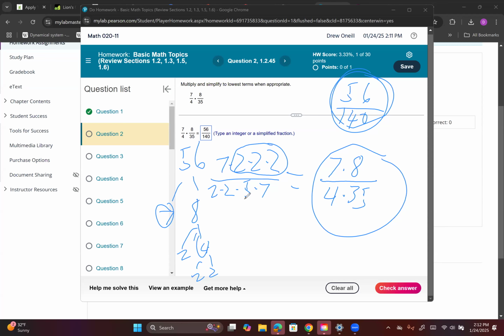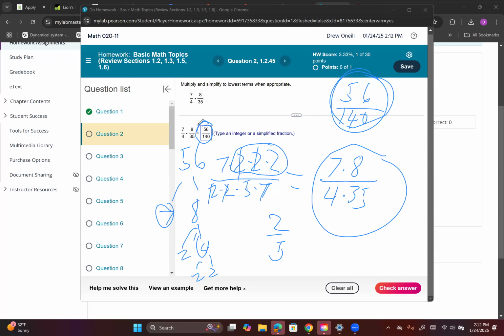You might not know 56 is 7 times 2 times 2 times 2, but if you do these enough, you'll know at least that 56 is 7 times 8. And if you know 7 times 8 is 56, you probably know 8 is 2 times 2 times 2, and so on. Once we have it in this form, we see this answer was right, but we could have canceled 2, 2 with these 2's, and a 7 with this 7, and we would be left with 2/5.